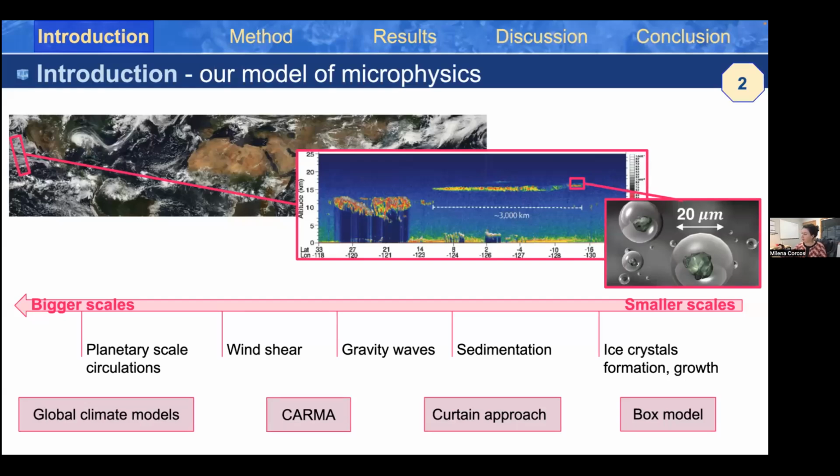Then, extended to the vertical, the curtain approach is good to track the size of the crystals in time and altitude, but it constrains artificially the air parcels to be horizontally aligned.